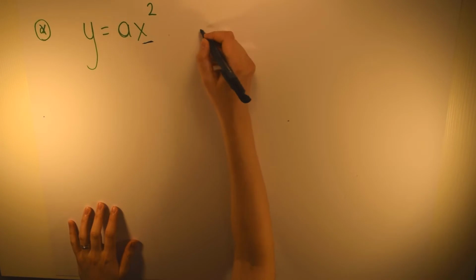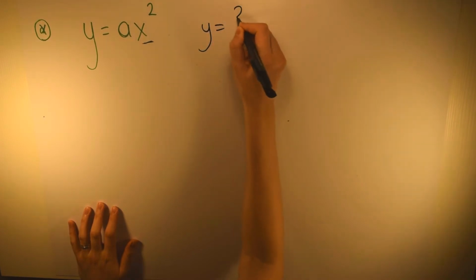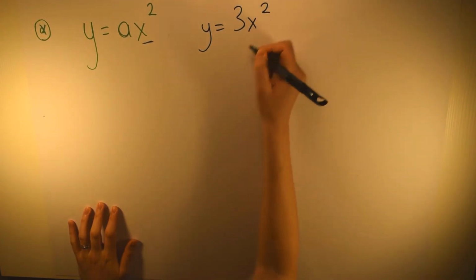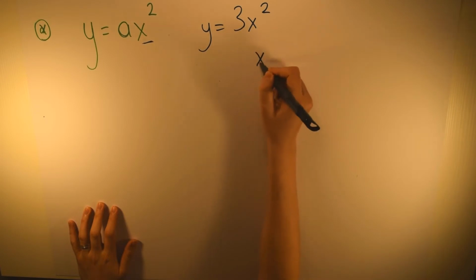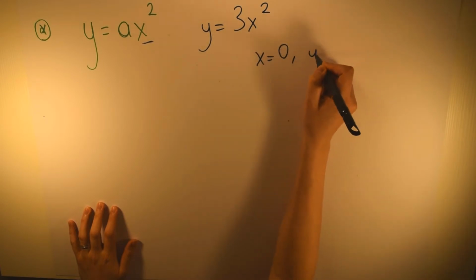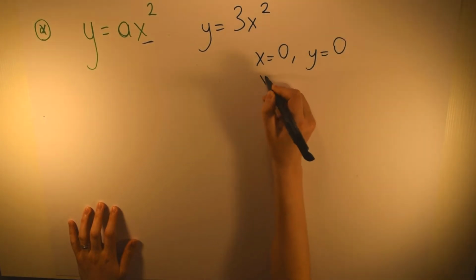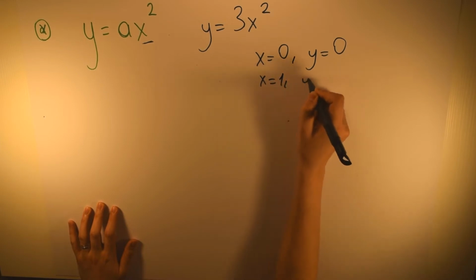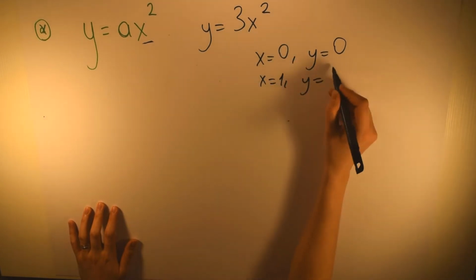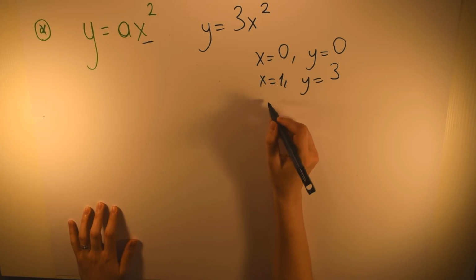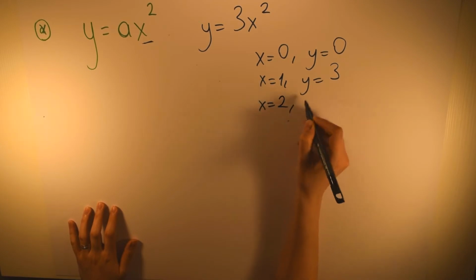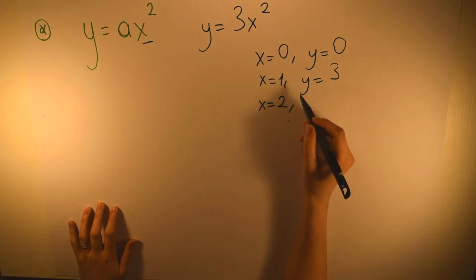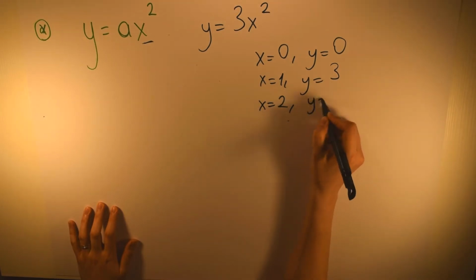Let's say this is y is equal to 3x squared. Okay, so when x is equal to 0, y is equal to 0. When x is equal to 1, y is equal to 3, right? It's 3 times 1, it's 3. When x is equal to 2, y is equal to 4 times 3, it's 12.